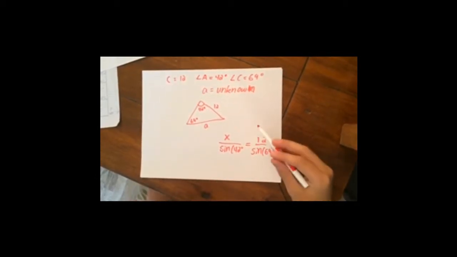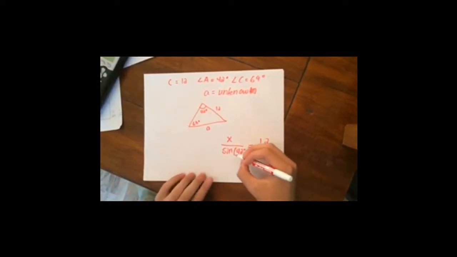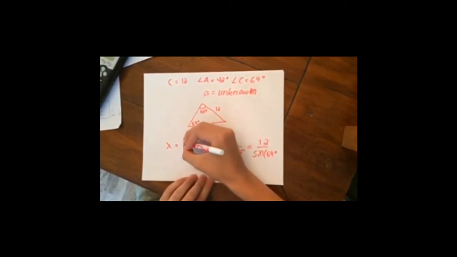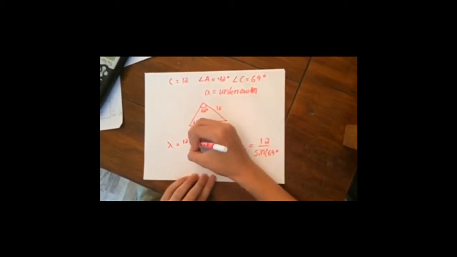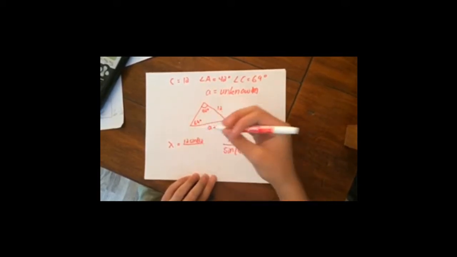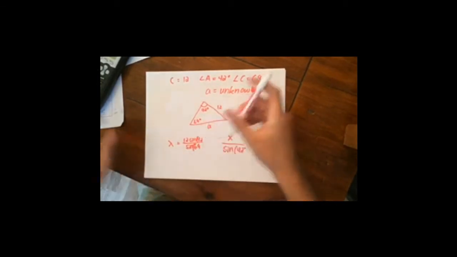So now you plug this into the calculator. Well, first you have to isolate x, so then it becomes x equals 12 sine 42 over sine 69.